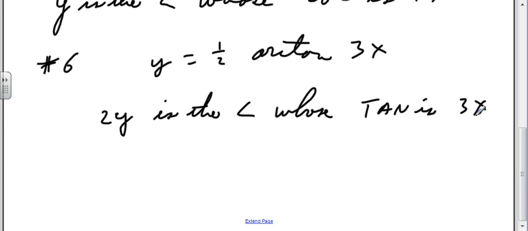All right. So now you say, well, wait a minute. Why is this a literature class all of a sudden? I thought this was a math class. Well, now that I know that 2y is the angle whose tangent is 3x, then I can come over here and say, oh, there's the angle right there. There's 2y. How do I get 3x out of it?